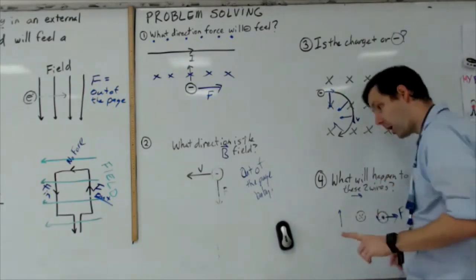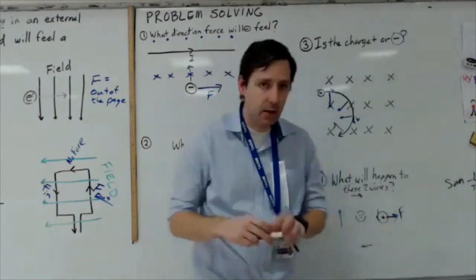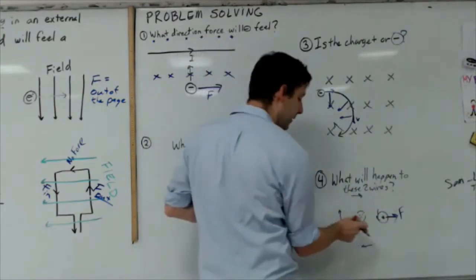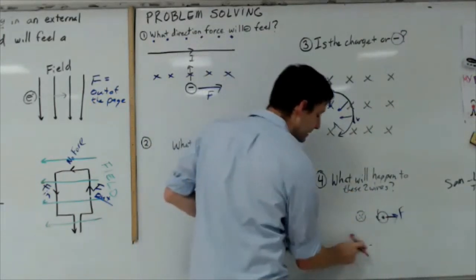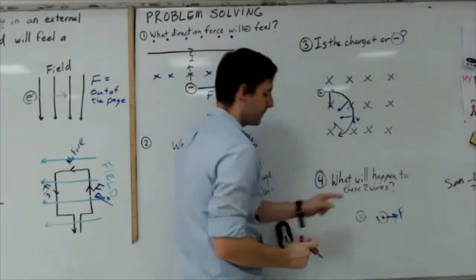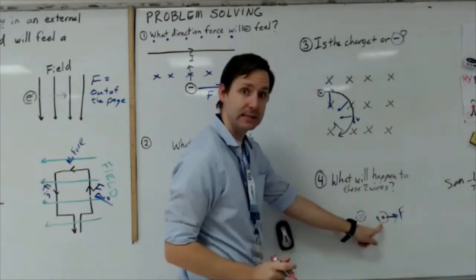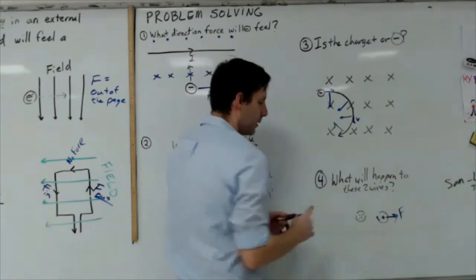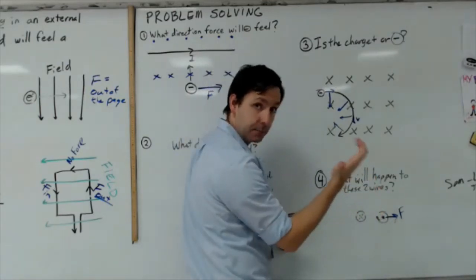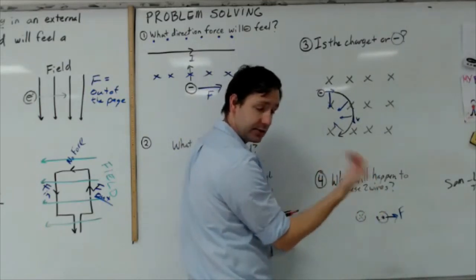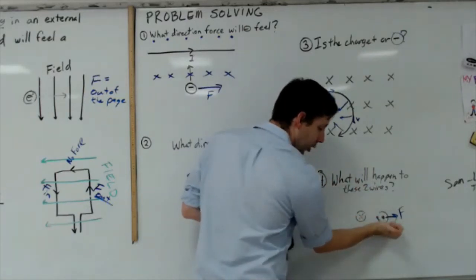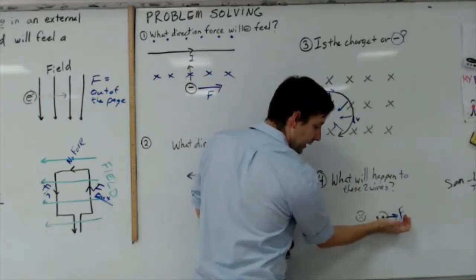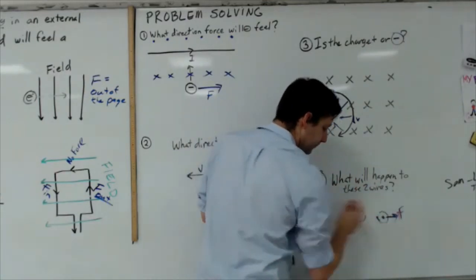Now I'm going to do exactly the same thing for the other wire. So we're going to get rid of these guys. What kind of field is this guy creating? Because I'm finding the field being created, I'm going to use this right-hand rule. Current out of the page. Over here, it looks like it's going up.